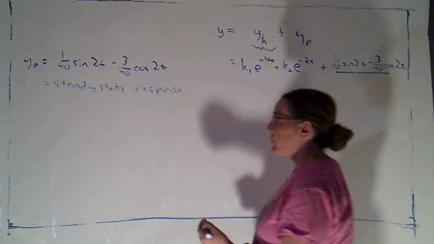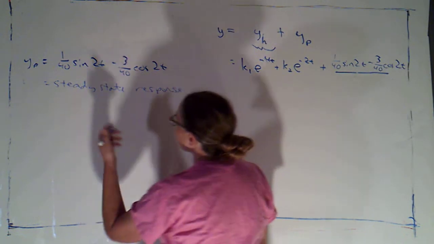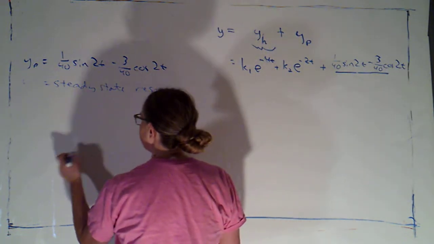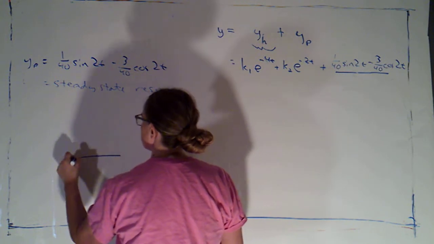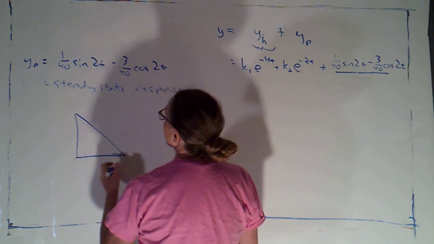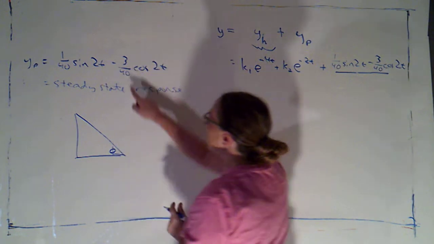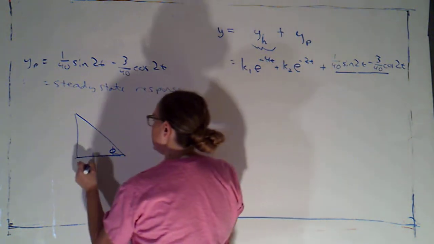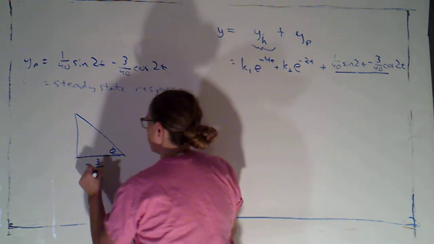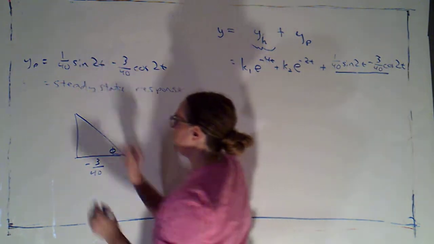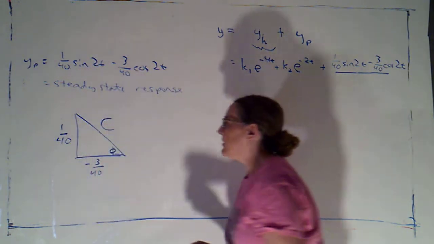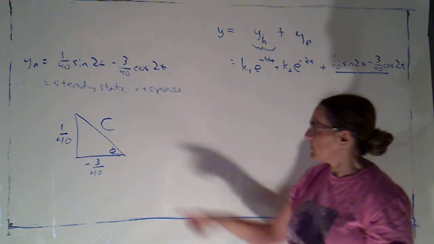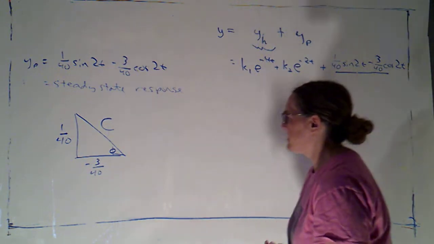Now if I wanted to graph that, I'm going to use this nifty triangle where I put a phi here. The coefficient in front of cosine I put on the horizontal part. The coefficient in front of sine I put on the vertical part. And this I'm going to call C, or I can call it K, whatever I want, doesn't matter.